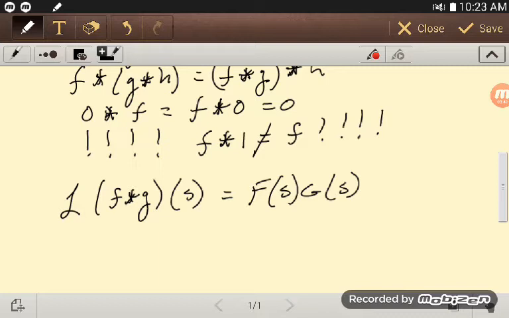That comes in handy in inverse Laplace transforms.